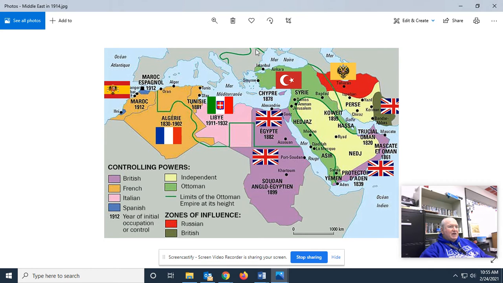This green line marked, at one point in time, the outward boundaries of the Ottoman Empire. It went all the way up into Europe, far into Asia, and most of North Africa. But as we're about to see, the Ottoman Empire was in a period of decline during this time.